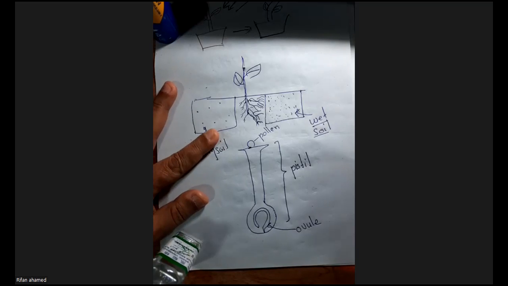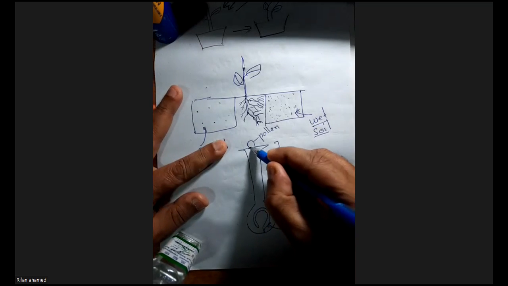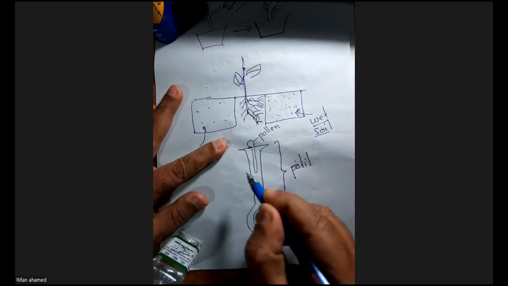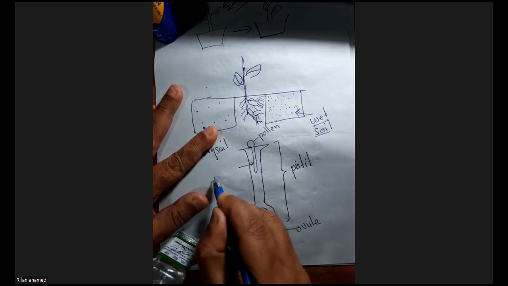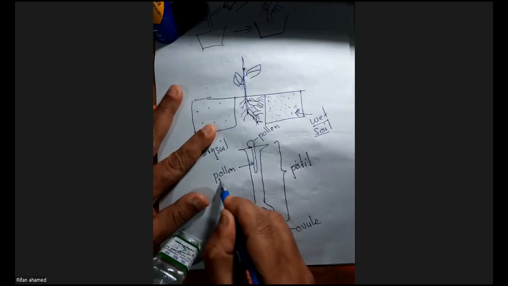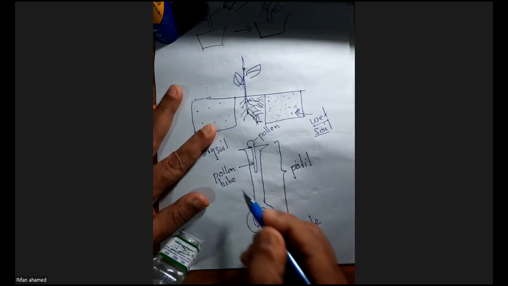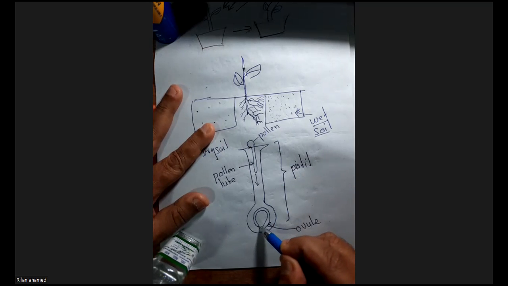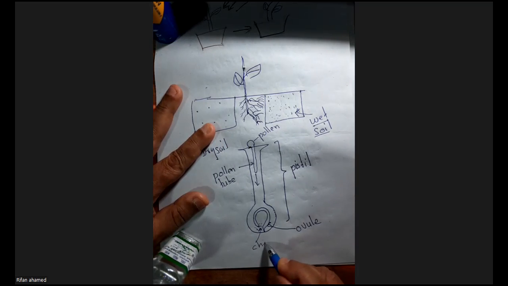In this place, there will be a pollen. From the pollen, there will be a tube growing. And this tube is called by the name, what tube? Pollen tube. This pollen tube is growing towards the chemicals near to the ovule.